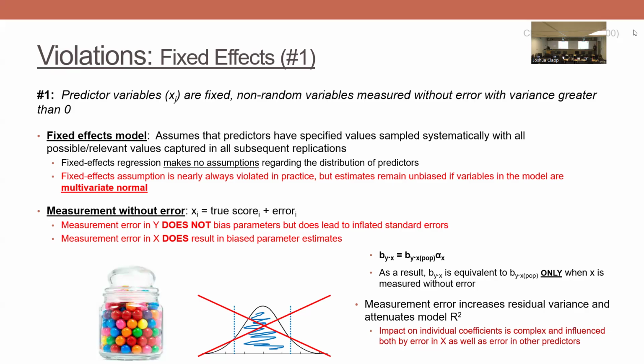So you can pull out your calculator. Say my coefficient is 2 in the population, and I multiply that by 0.8, see what you get. Multiply it by 0.5, see what you get. Multiply it by 0.3, see what you get, right? What happens in function is if we have error in the measurement of our predictor values, it attenuates our estimate of that association, right?